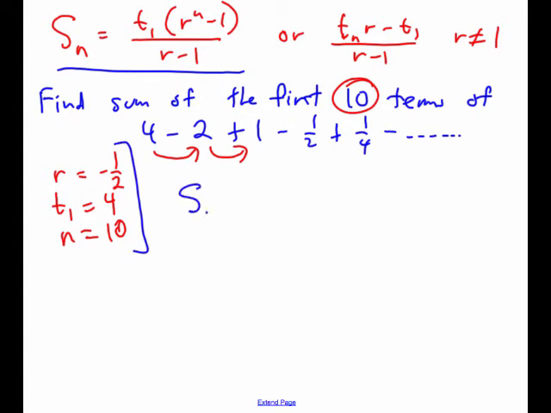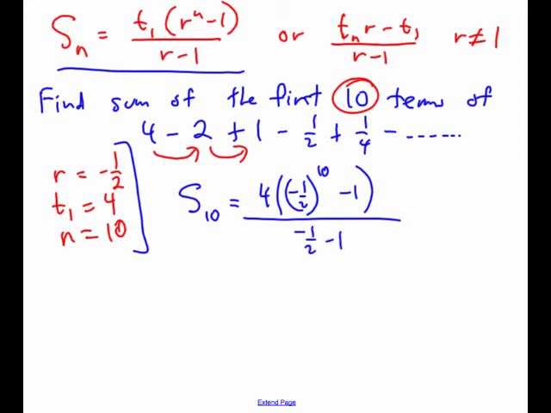So the sum of 10 terms would be 4 times negative a half to the 10th minus 1, all divided by negative a half minus 1. Just before putting this into the calculator, let's just note that this would be negative 3 over 2.